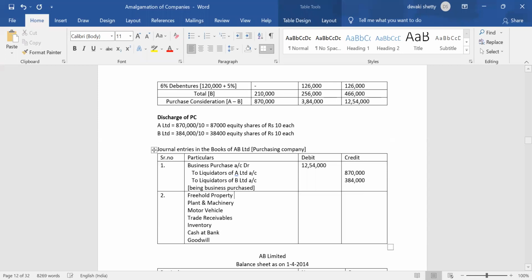So I will write here account debit. Account debit. Account debit. Account debit.